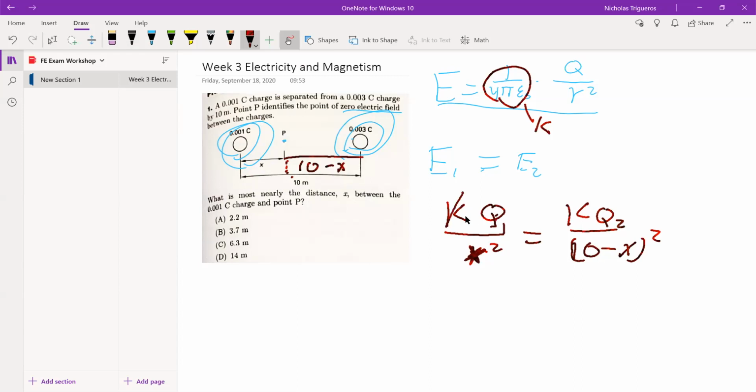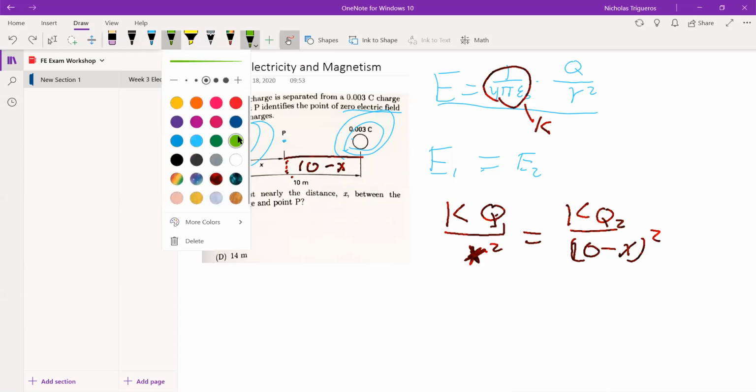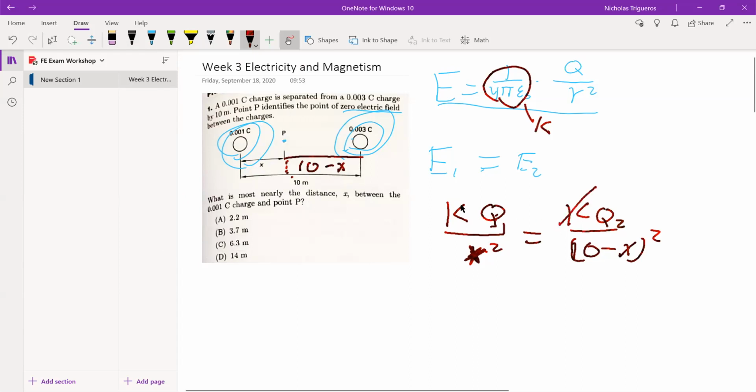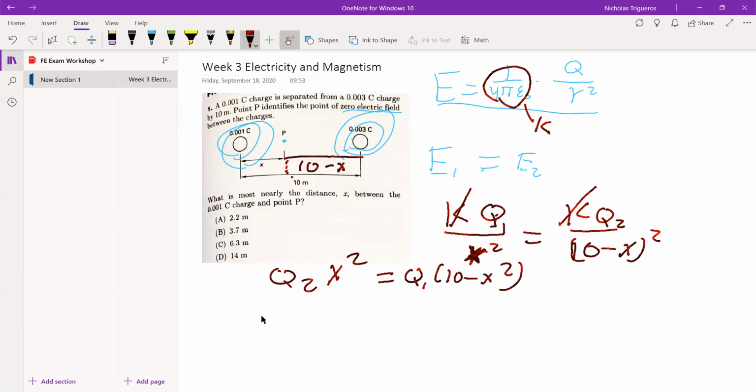First off, we can see that these K's are going to cancel, which is nice. Extra terms gone is nice. We want to solve for X. Q2 X squared equals Q1 times 10 minus X squared.